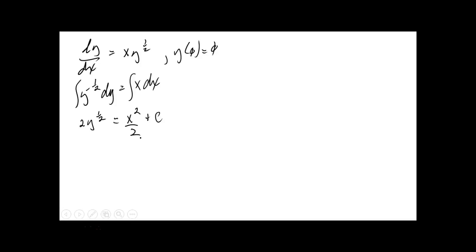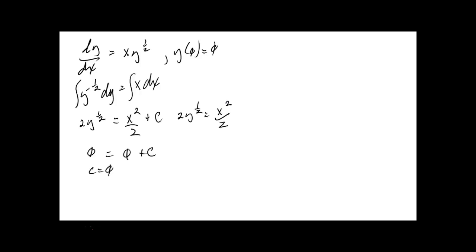Right? Now let's plug in y of 0 is equal to 0. So this would be 0 equals 0 plus c. Looks like c has to be 0, doesn't it? Sure looks that way. Okay? So let's rewrite a little bit here. That would be 2y to the 1/2 is equal to x squared over 2.